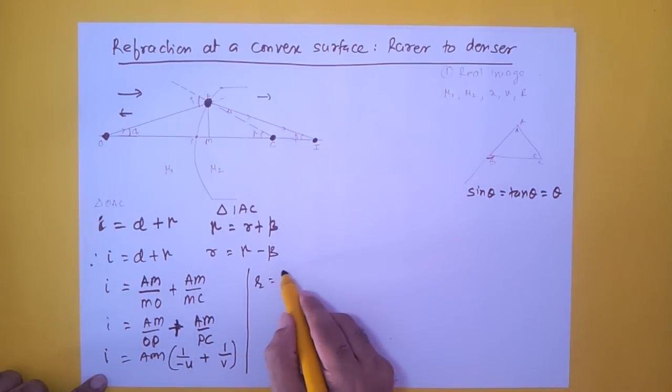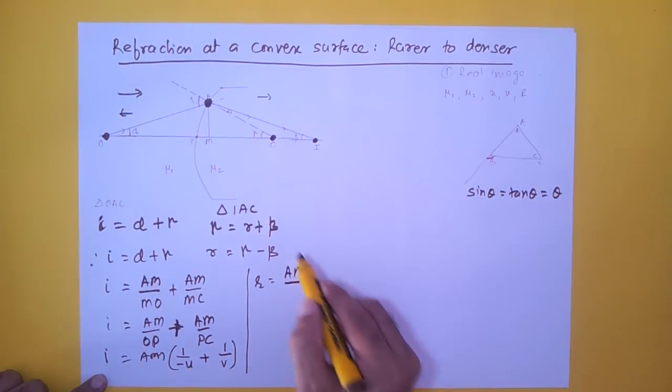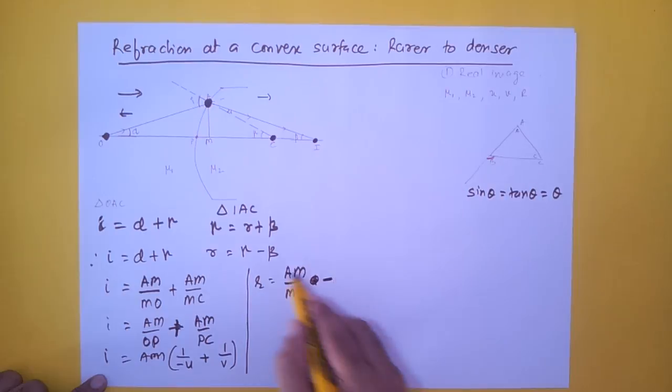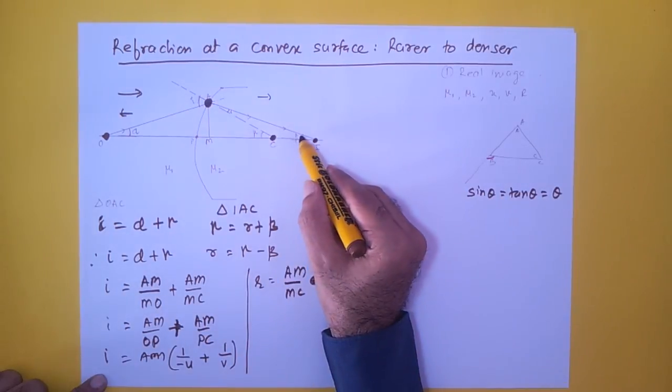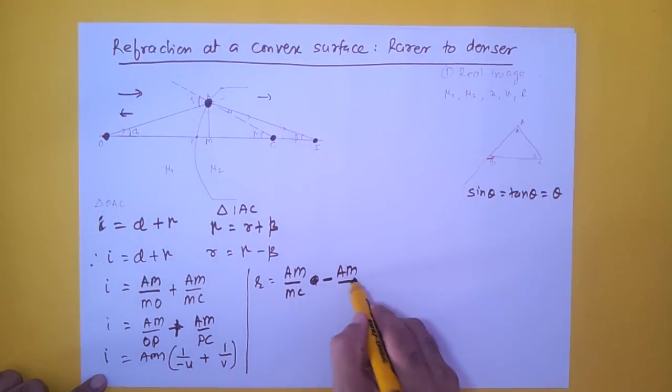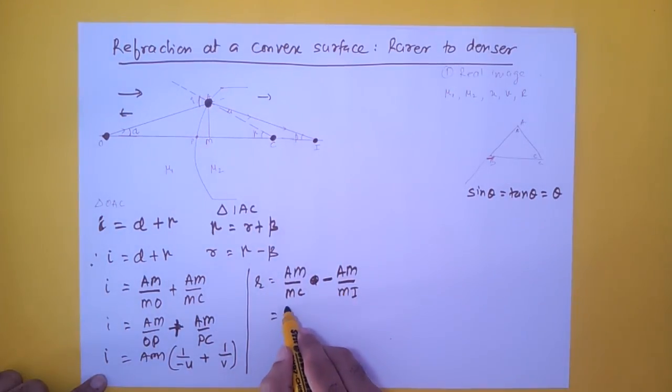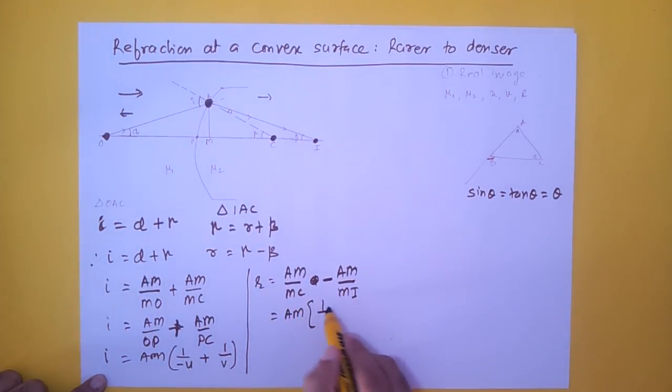Similarly, I'll look at r. r is equal to gamma minus beta. Now what is gamma? Gamma will be equal to AM upon MC, minus beta. Where is beta? Beta is this. Beta will be equal to AM upon MI, which is AM common 1 upon MC.